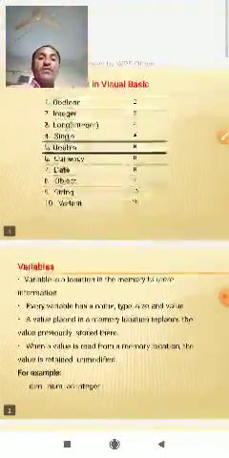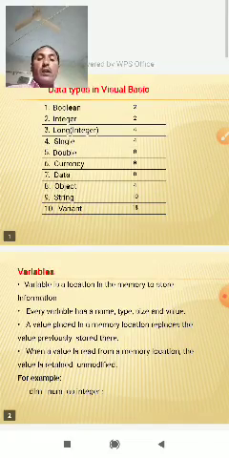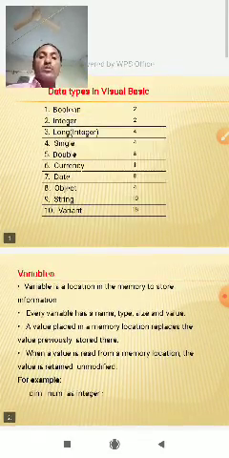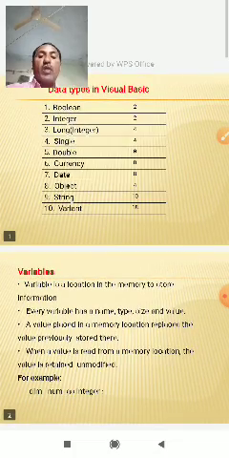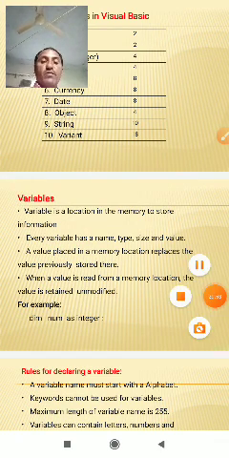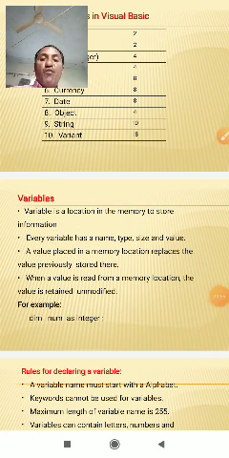Data types in Visual Basic. There are eight types in Visual Basic: Boolean, Integer, Long, Single, Double, Currency, Date, Object and String, plus Variant. A variable is an allocation in memory that stores values. Every variable has a name, type, size and value.